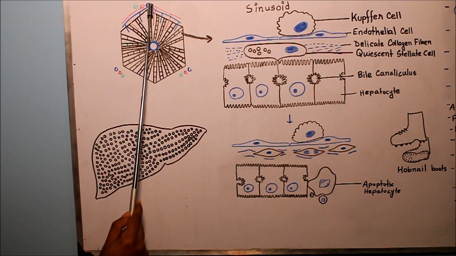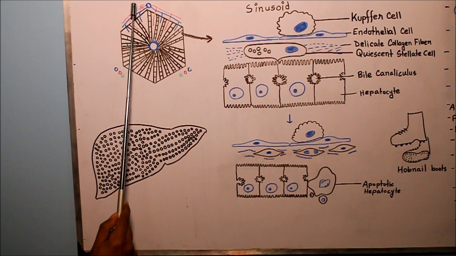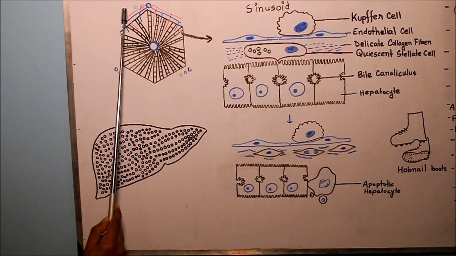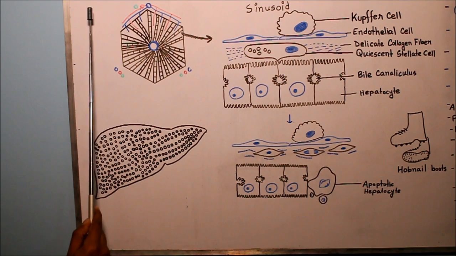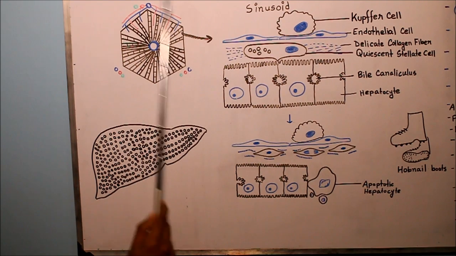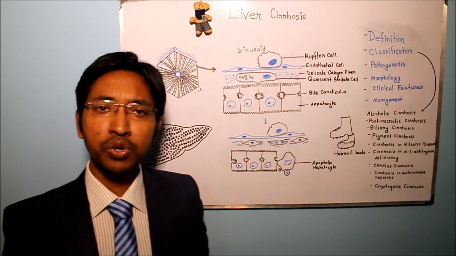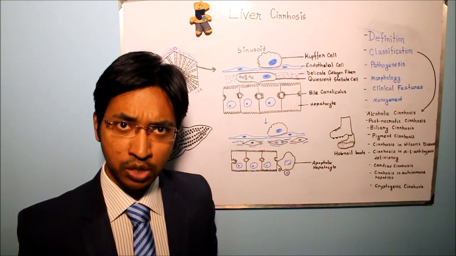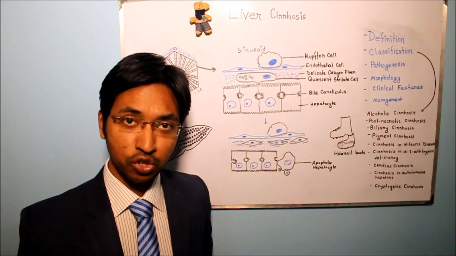So this is the hepatic portal vein, and it will also contain bile duct that I have drawn in green color. Also remember that each portal tract will also contain lymphatic vessels. So this is the normal architecture of a hepatic lobule. And in liver cirrhosis, this lobular architecture is lost and it is replaced by regenerative parenchymal nodules.